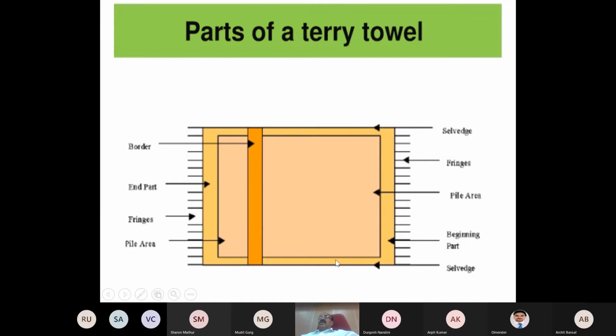If it is formed on rapier technology or an airjet loom, then it will be a cord selvage. Then in the selvage, it is folded and stitched.